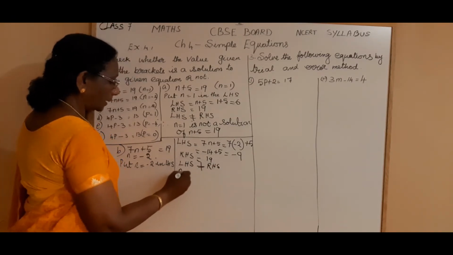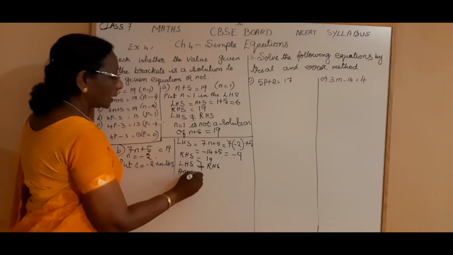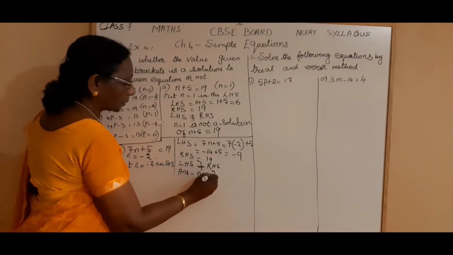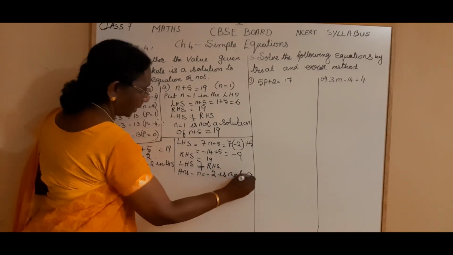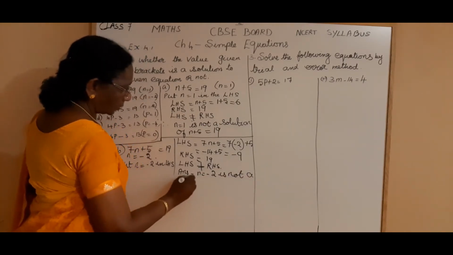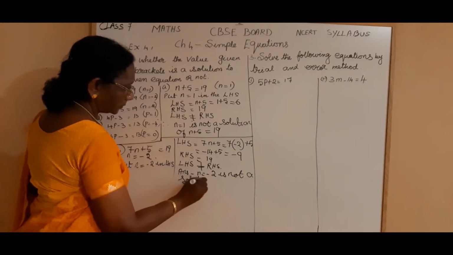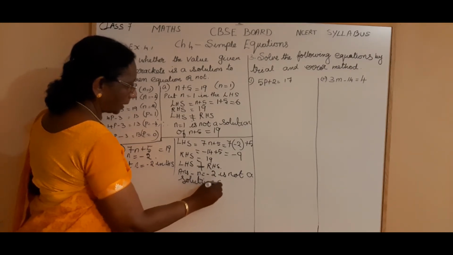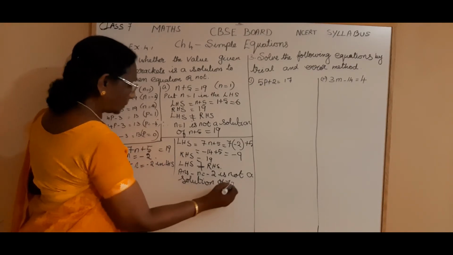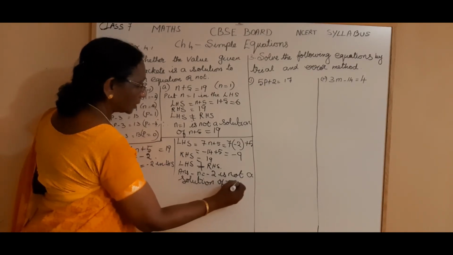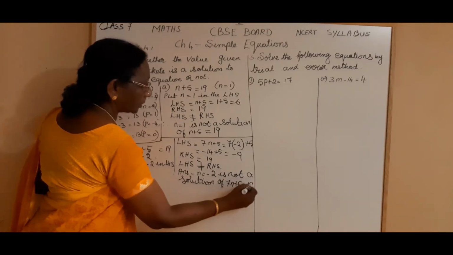So, how to write the answer? n is equal to minus 2 is not a solution of the equation 7n plus 5 is equal to 19.